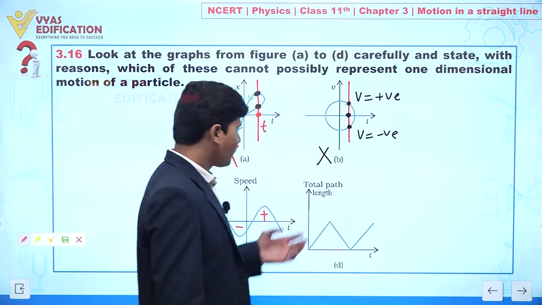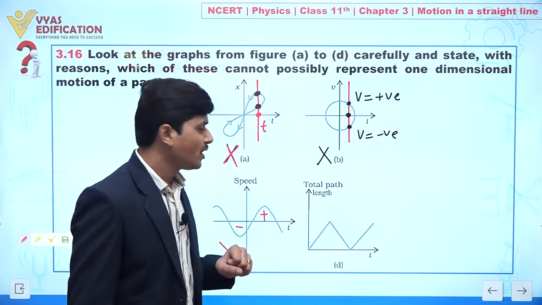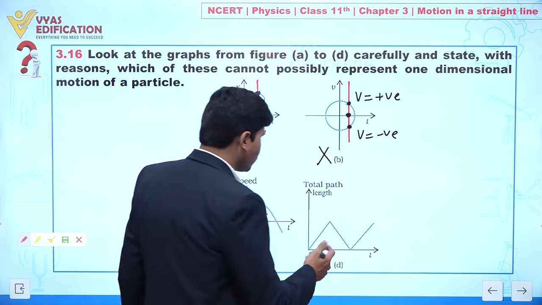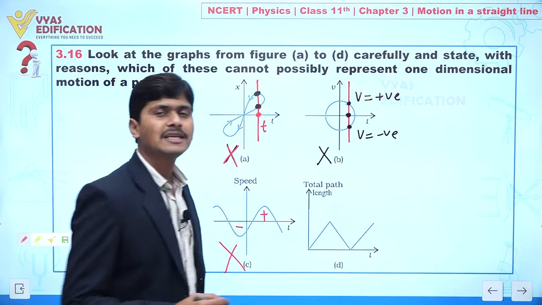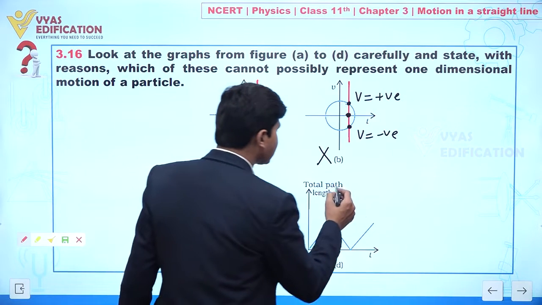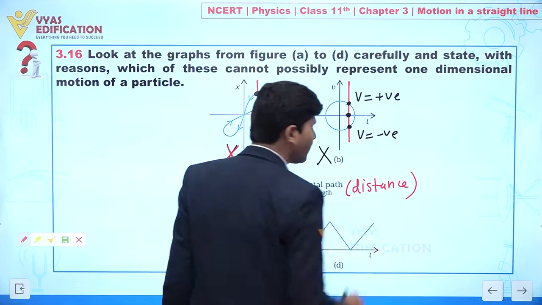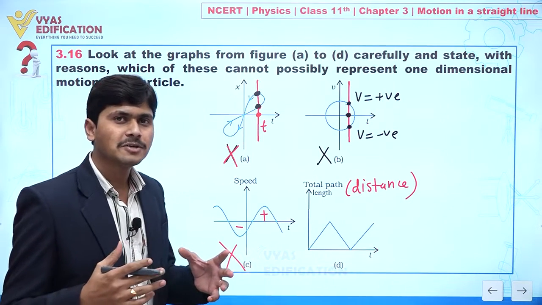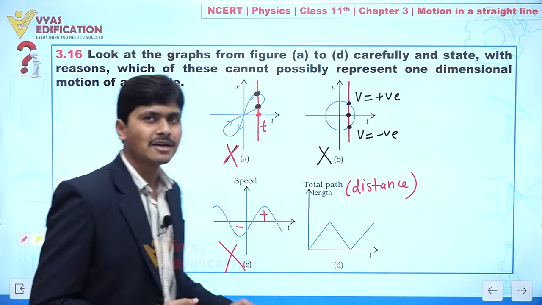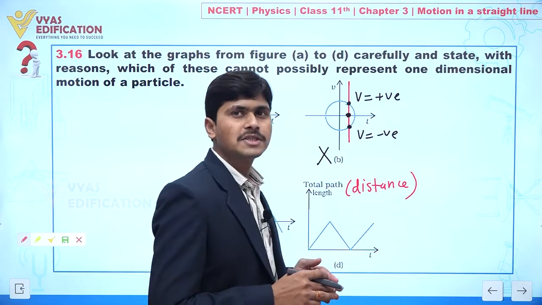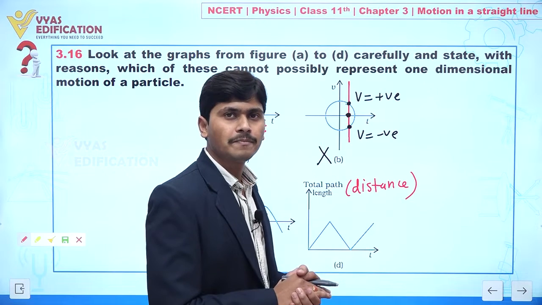Clear? Now if we consider part number D, here it is given total path length versus time. Clear? So whenever a particle has one dimensional motion, it is given total path length. It means this is the total distance covered. Clear? Now we know whenever a particle is in motion, distance is always added. Let's suppose at time t equal to 0 I am here. When I move like this, let's suppose I covered a distance of 1 centimeter or 1 meter.